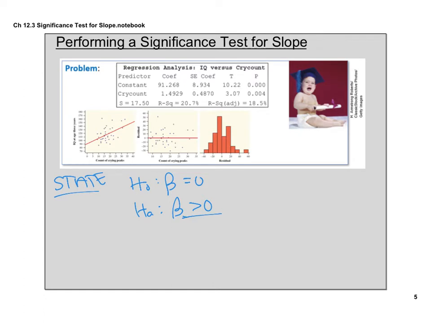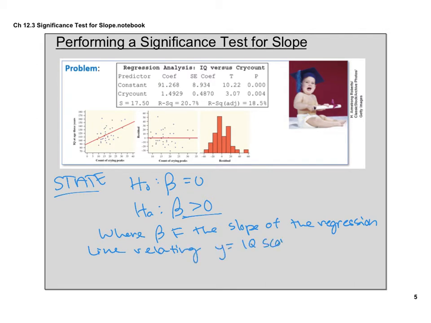Okay, great. Name your parameter, where beta is, you can write equals or is, the slope of the regression line relating y, equaling IQ scores, to x, equaling count of crying peaks in the population of infants.